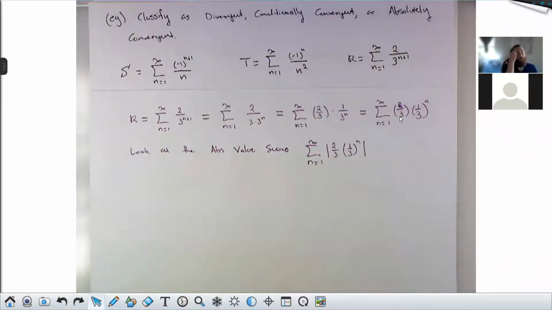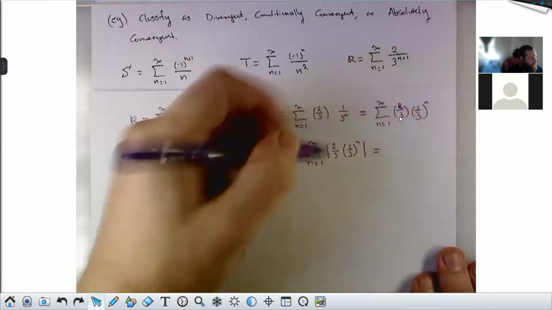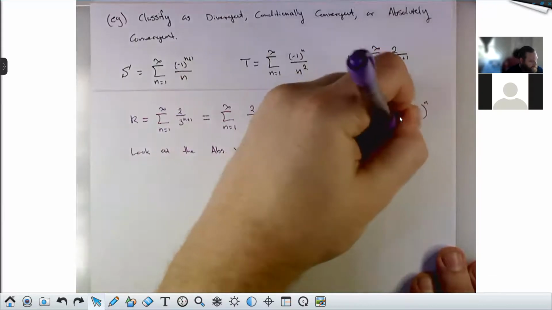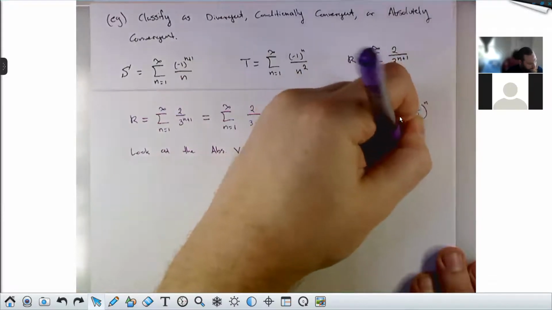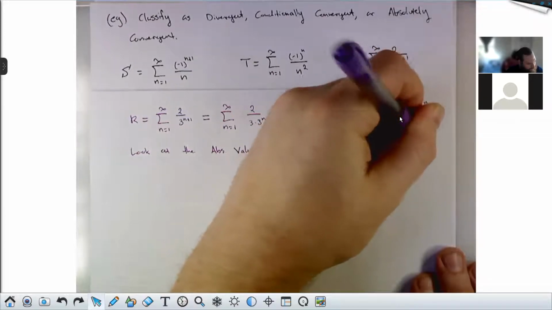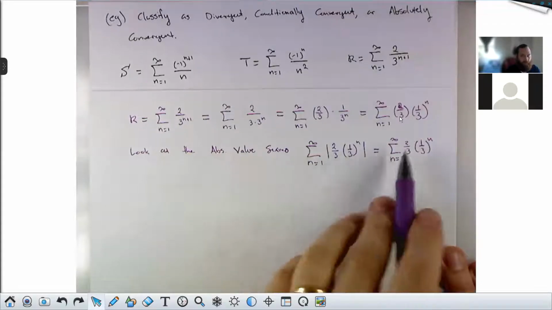And generally speaking, this series would be a new series. But in this case, it's not, because everything in here is positive, right? The absolute value of 2/3 times 1/3 to the n is the same as the original series, because everything in here is positive.